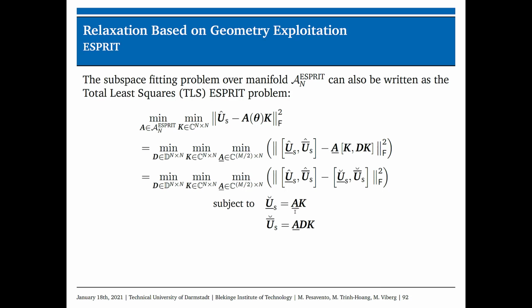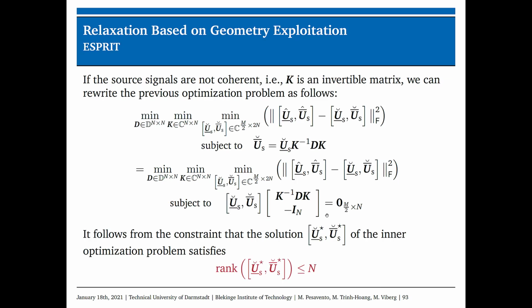We can resolve one of the equations with respect to A underbar and insert it into the second equation. Then we arrive at the following problem formulation. The resulting formulation no longer contains the matrix A underbar, but it only depends on the newly introduced variables US breve instead. The constraints can be further rewritten in form of a null space property as given in the second problem formulation on this slide.